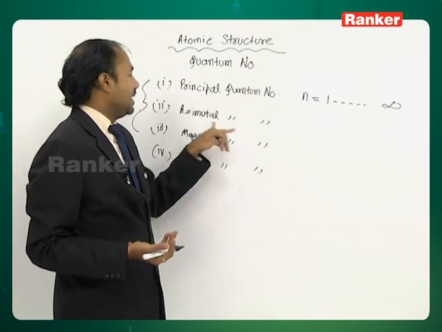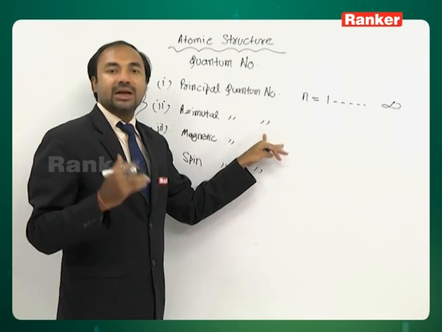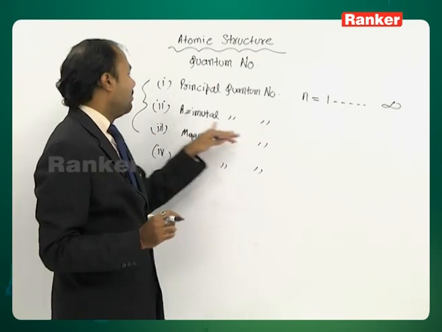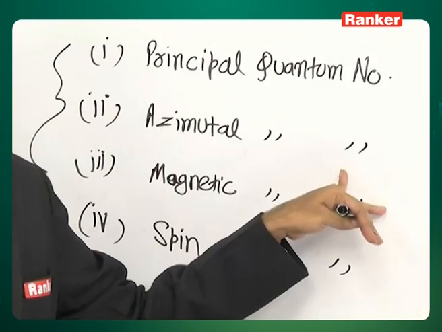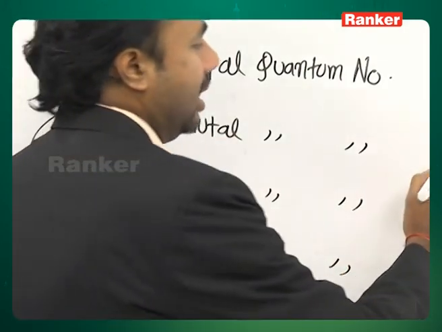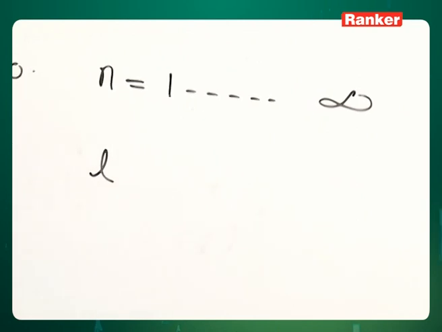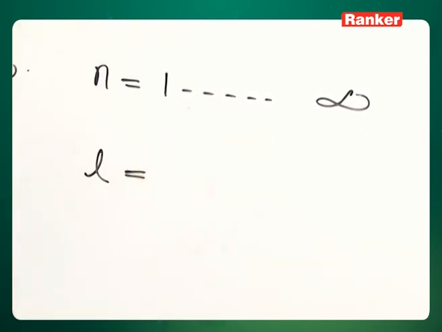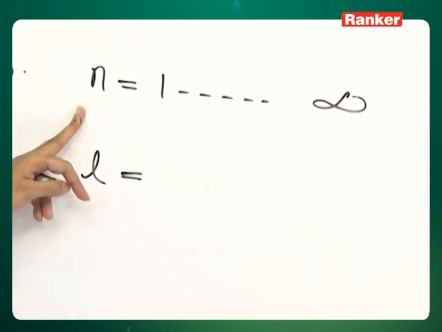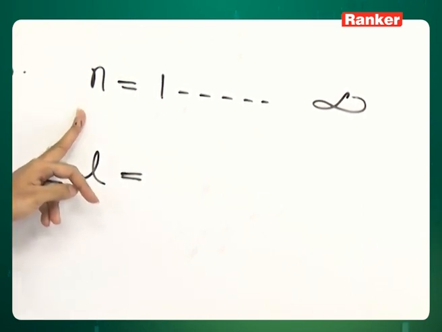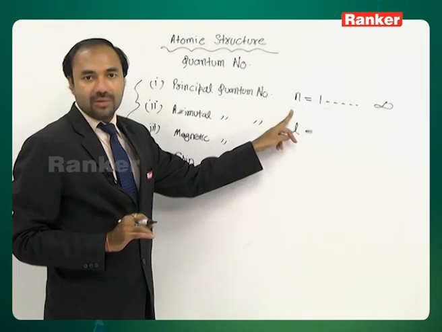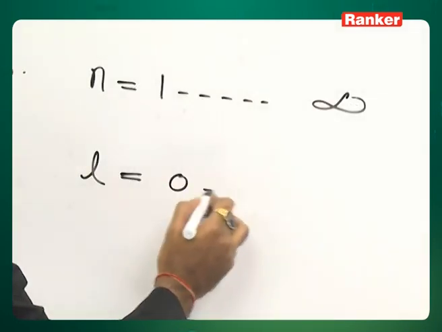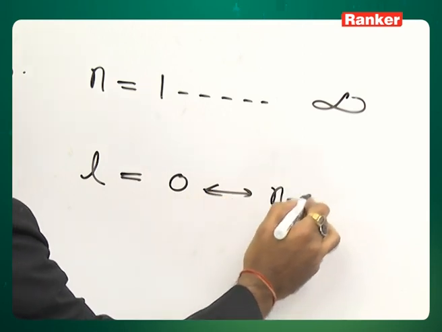Second part is the azimuthal quantum number. Shells are divided into subshells. Subshells are explained by the azimuthal quantum number, usually denoted by the symbol L. Now, for a particular value of n, we will have n values of L, starting from 0 to n minus 1.